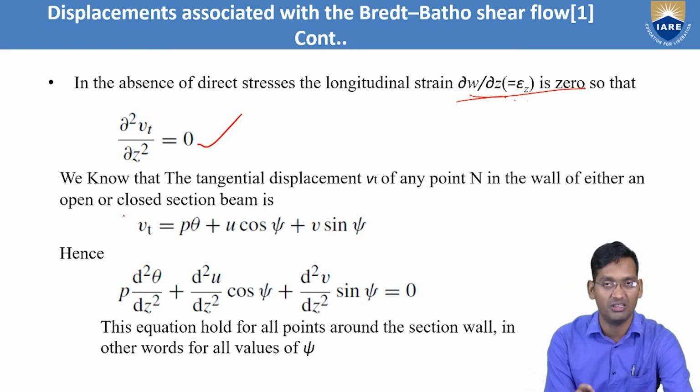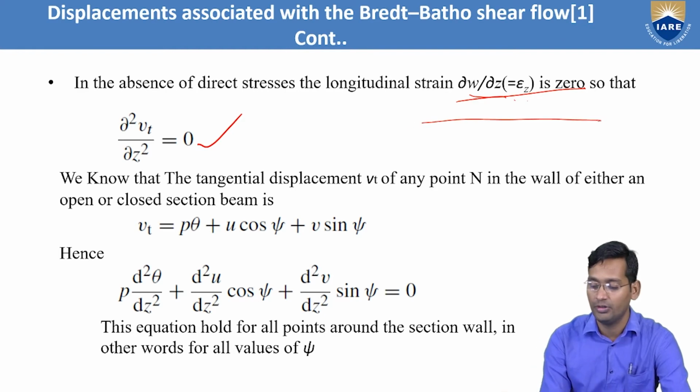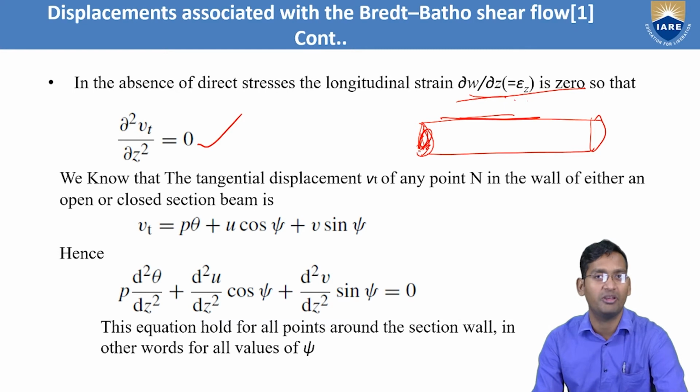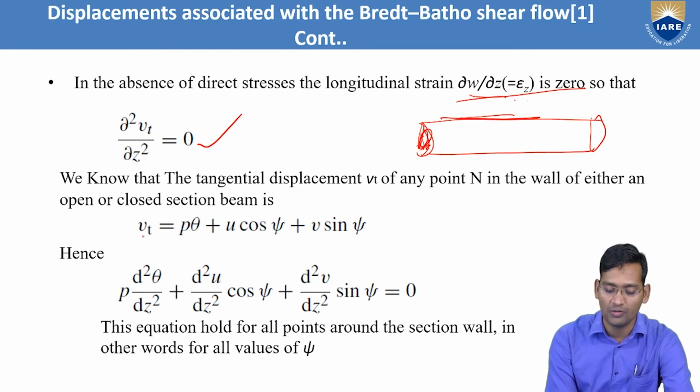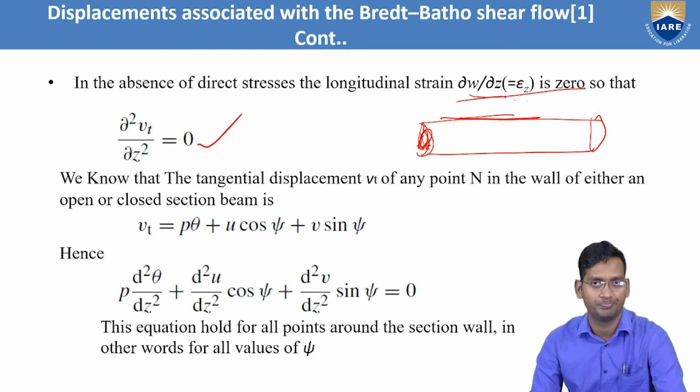So this formula is applicable for both open and closed section beams, because we are finding the tangential displacement, not the vertical displacement. It doesn't matter whether the section is closed or open. So what is the general formula? Vt equals P theta plus U cos psi plus V sin psi.